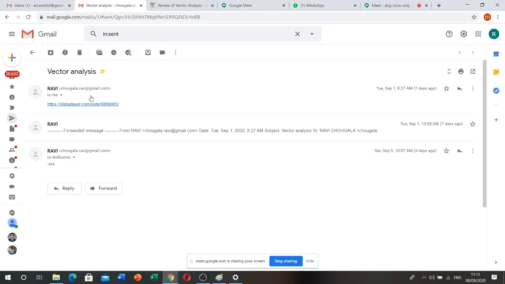Now I have taken two vectors in the YZ plane, and I am doing the cross product. The resultant vector C will be in which direction?